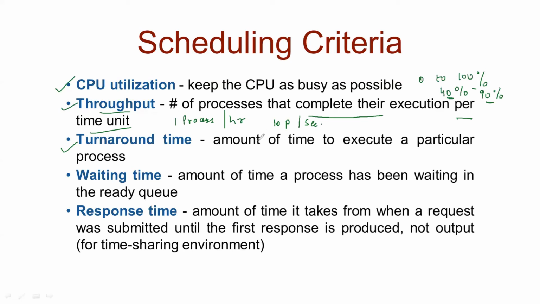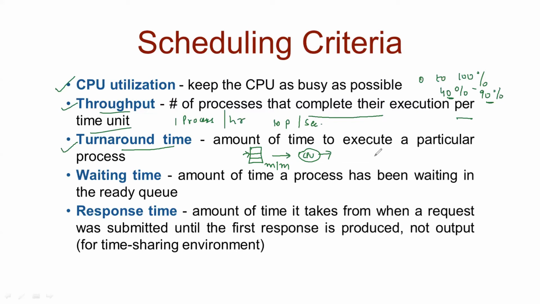The interval from the time of submission of a process, which, as I told in the previous session, is in main memory, to the time of completion, meaning the time it is terminated and leaves the CPU, is known as turnaround time.